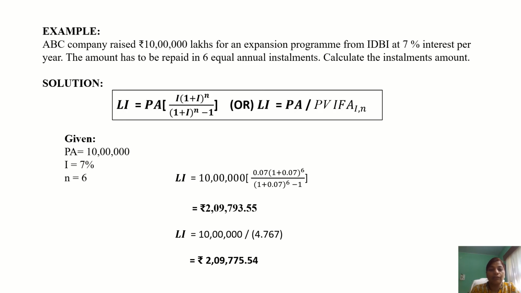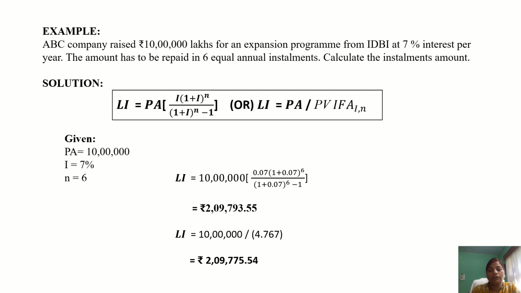We need to calculate the installment amount. Here the formula is LI is PA into I into (1 plus I) whole power n divided by (1 plus I) whole power n minus 1. The principal amount is 10 lakhs, rate of interest is 7%, period is 6 years. Substituting in the formula, we get 2,09,793.55 as the amortization amount at which we have to pay the installment.